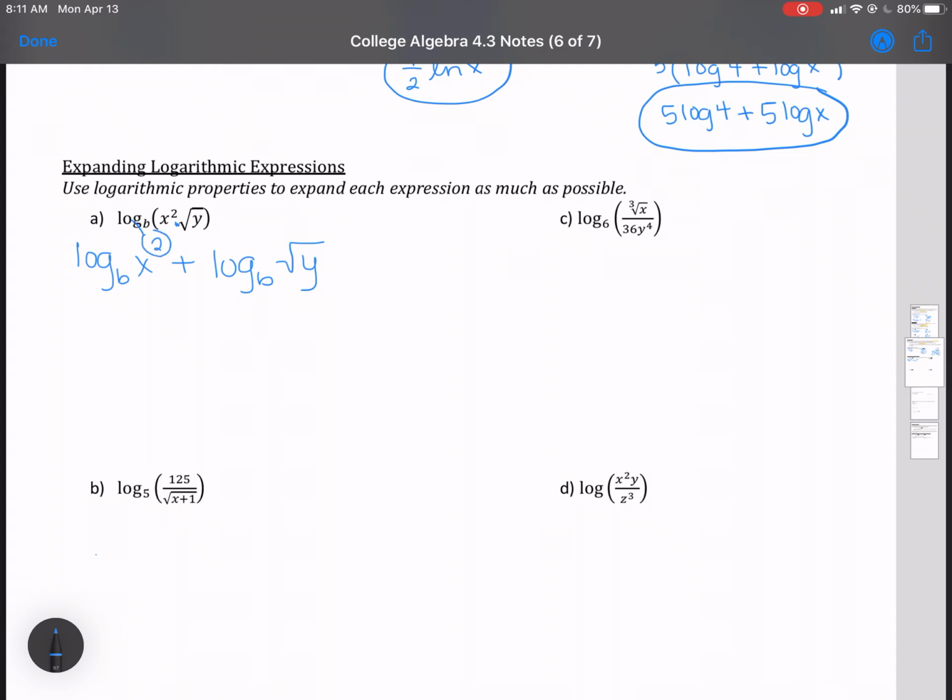So here the 2 is going to move to the front. So we have 2 log base b of x plus, so the square root of y, we can rewrite as y to the 1/2 power. So our exponent 1/2 is going to move to the front of log base b of y.